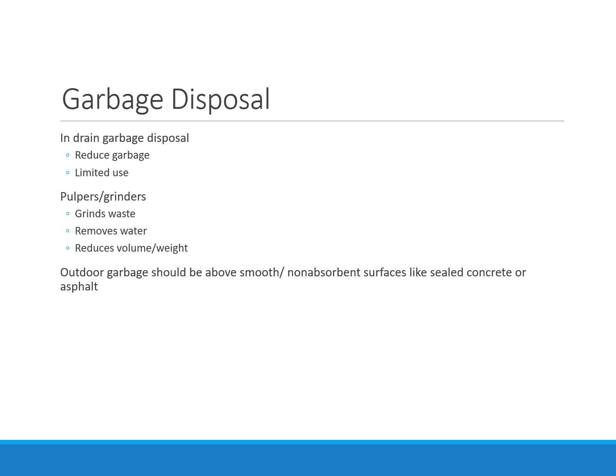The solid parts can be disposed of in a landfill or in the garbage much more efficiently. Last thing, wherever you store your garbage outside, where your dumpster is, the ground should be smooth and non-absorbent. So you shouldn't have a dumpster sitting on dirt. It should be on a concrete or an asphalt pad.